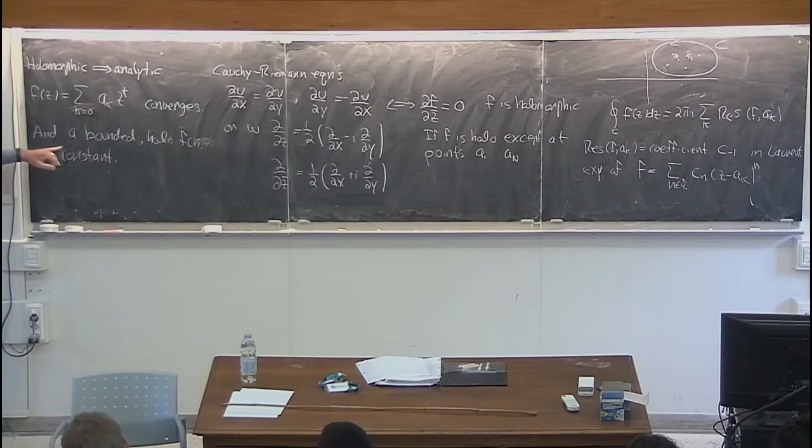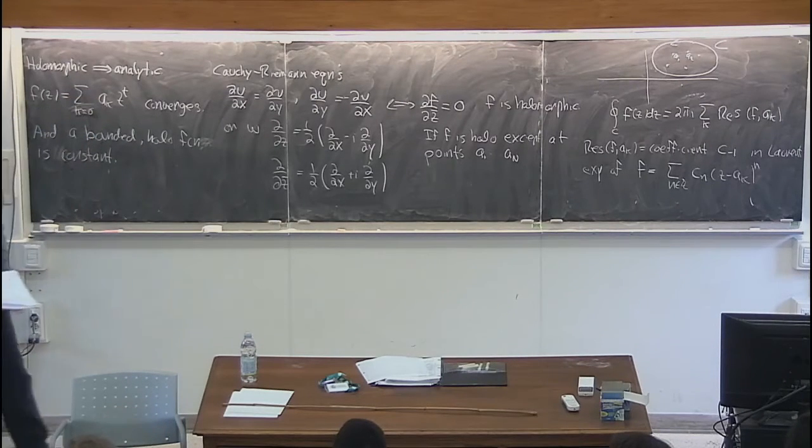And we'll use this by sometimes showing that a certain function is holomorphic. We'll show that it's bounded. And if we can determine its value at some point, we've determined its value everywhere since it's a constant. So we'll sometimes use it to show that a function is 0 by showing that it's bounded, it never blows up any place, that it's holomorphic, and that it's 0 at infinity, which means that it has to be 0 everywhere.